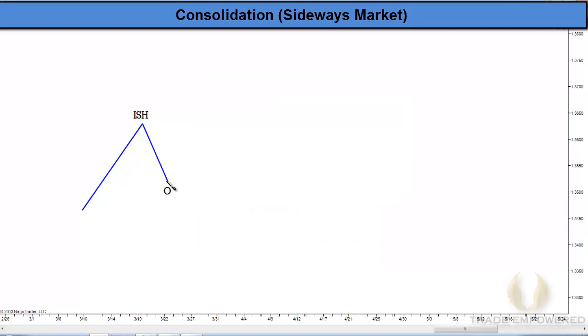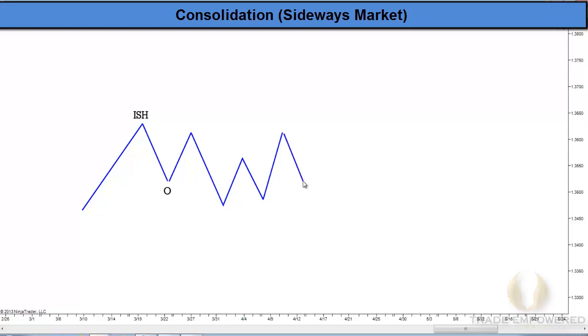Then, instead of pushing up and creating a new structure high, we'll get price action that comes lower than our previous structure high. And then we may get a move that pushes past our outside return. After that, we may get a move in here, and then a move down that doesn't create a new structure low, and then a move back up that creates another structure high.